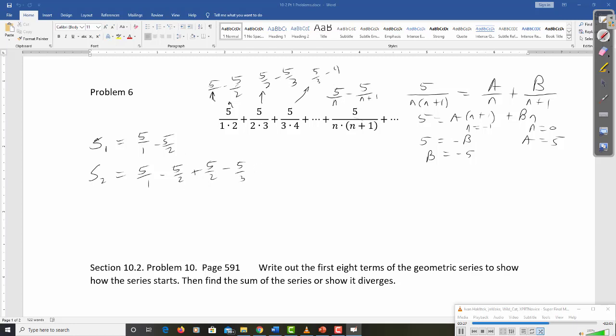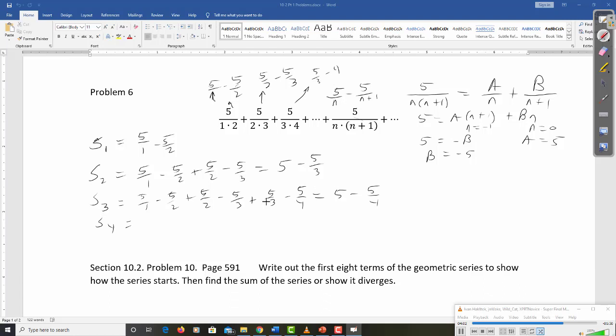And notice the middle terms cancel each other out, and we just get 5 minus 5 over 3. S sub 3 would be 5 over 1 minus 5 over 2 plus 5 over 2 minus 5 over 3 plus 5 over 3 minus 5 over 4. And that would just be 5 minus 5 over 4.